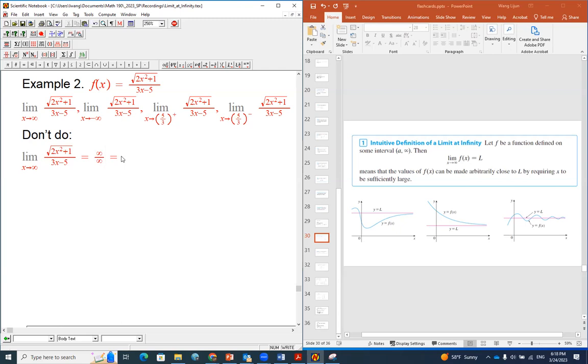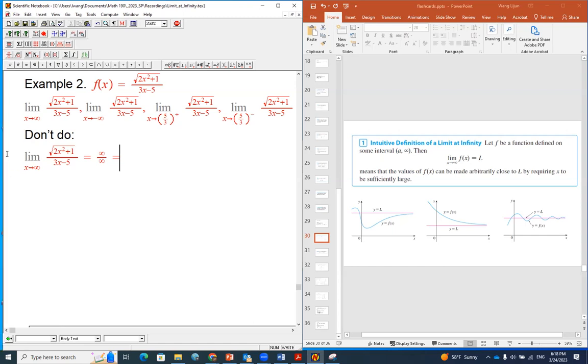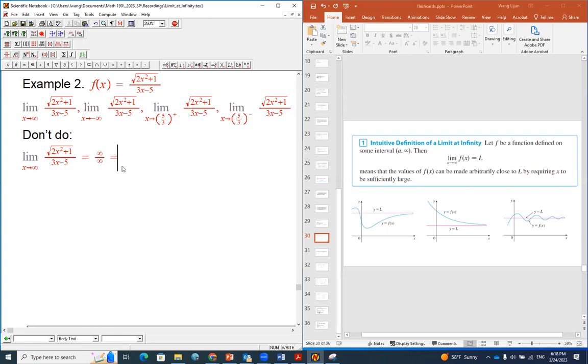It does not equal 0. It does not equal another infinity. Don't you do this ever. Infinity divided by infinity is very uncertain. So don't do that.